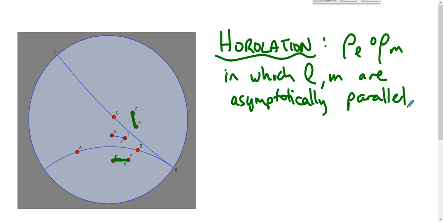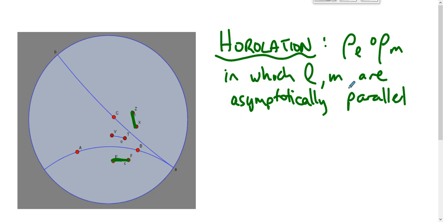So in the same way that we can take all the Euclidean isometries and put them all together and say that's all a group, if we throw horolations in, every hyperbolic isometry is one of the ones we talked about in Euclidean geometry or this one. There are no others. It's a similar proof to the Euclidean proof.